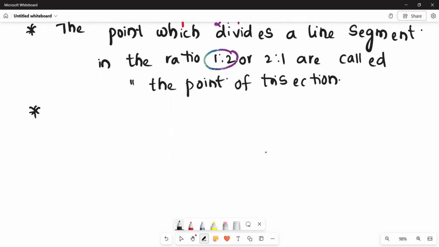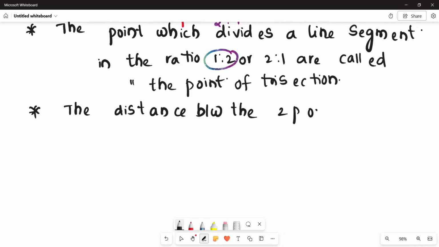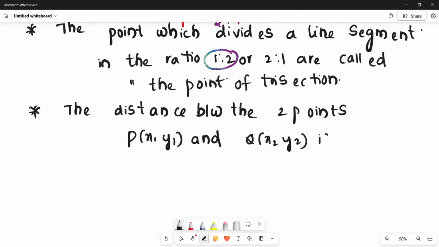That is the distance between the 2 points. Let us suppose I am taking 2 points here. One is P (x1, y1) and the next point is Q (x2, y2). These 2 points are completely different.